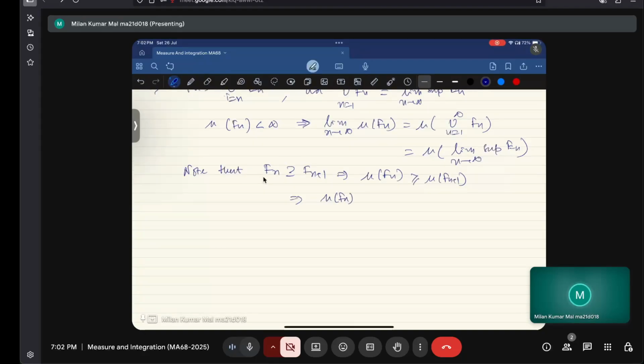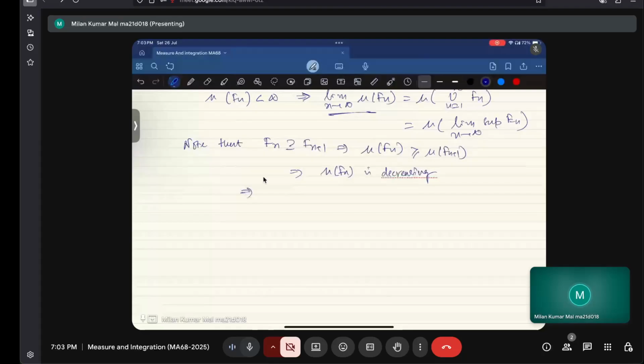This is a positive sequence but decreasing, so that's why this limit exists. And that implies that the limit as n tends to infinity of mu of Fn is equal to the infimum over n of mu of Fn.